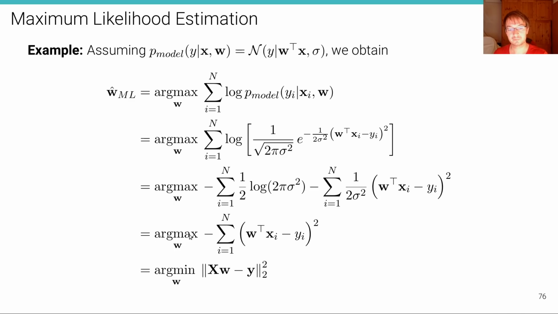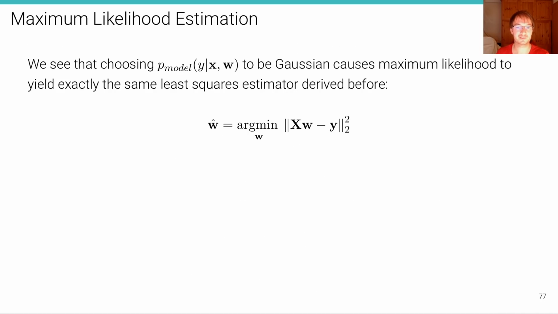Now, if we replace the argmax with the argmin, we can remove the minus, and we see, using the same reasoning as before, that this expression is equal to this expression, which is familiar to us. This is the same expression as we have seen before in least squares estimation. So we see that choosing the model distribution as a Gaussian causes the maximum likelihood estimator to yield exactly the same least squares estimator result derived before, again shown here.